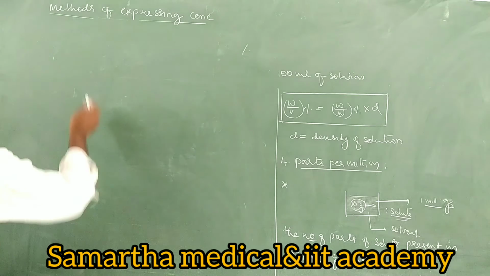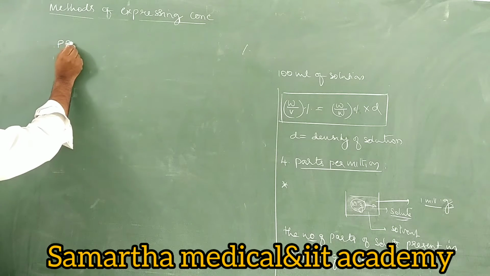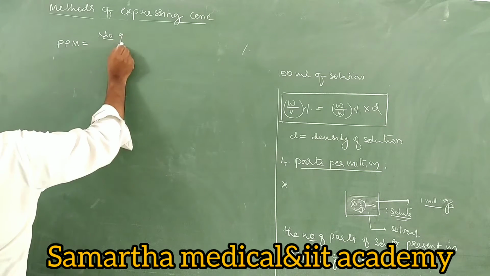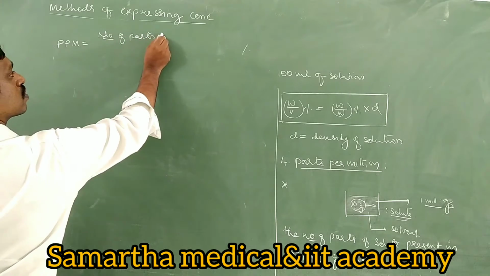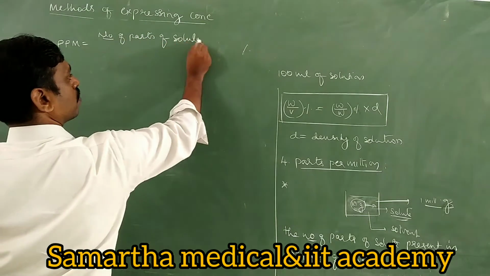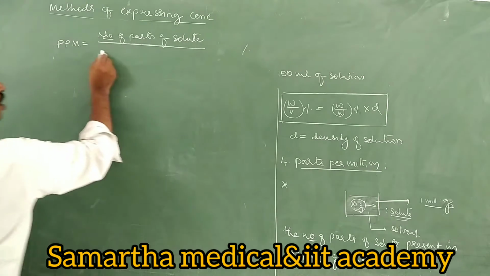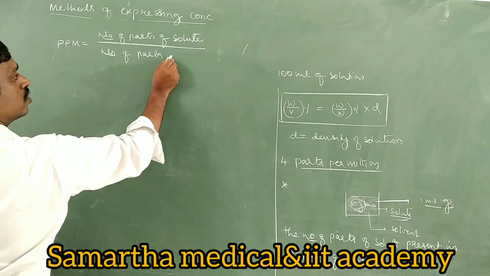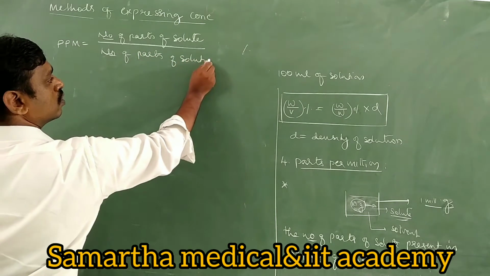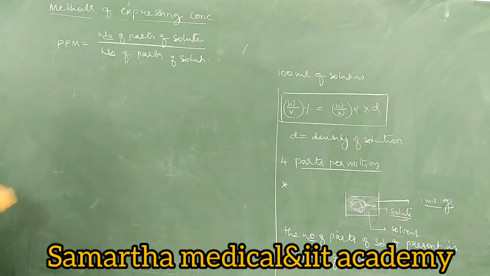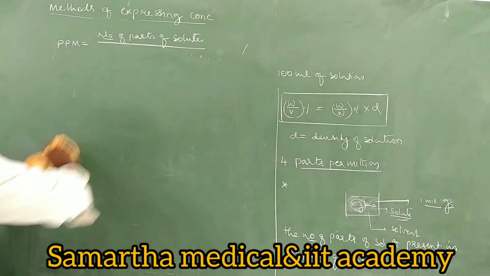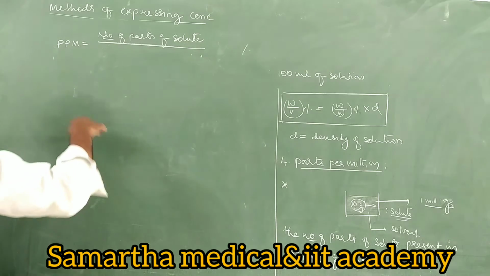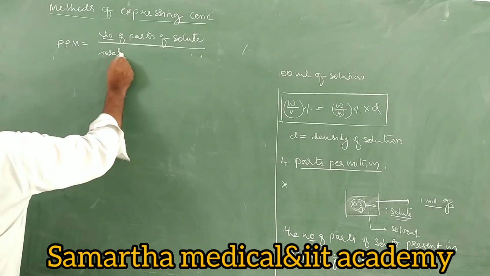So ppm, parts per million, is equal to the number of parts of solute divided by the total number of parts of solution, multiplied by 10 to the power of 6.